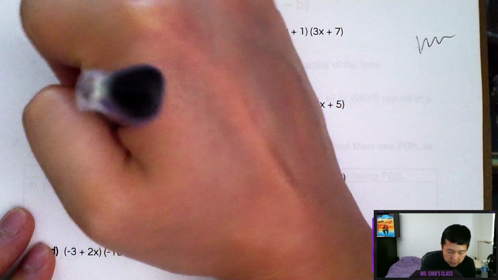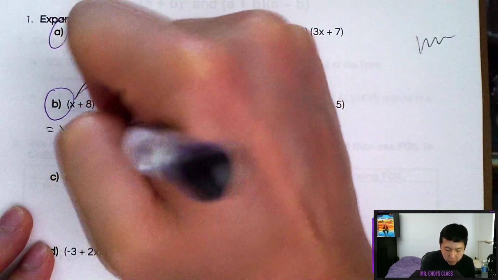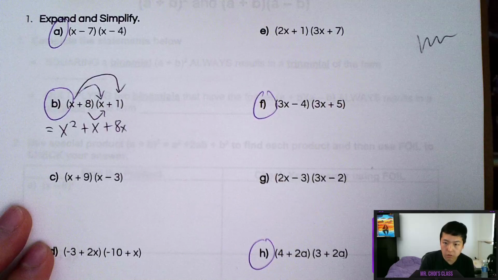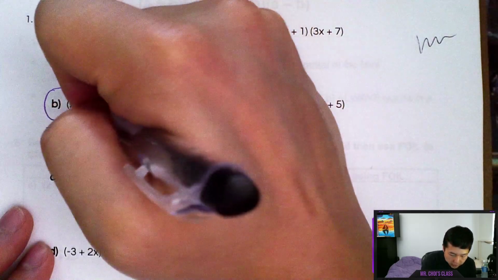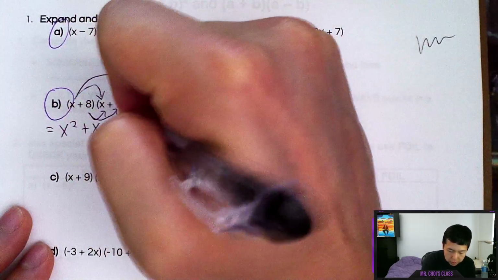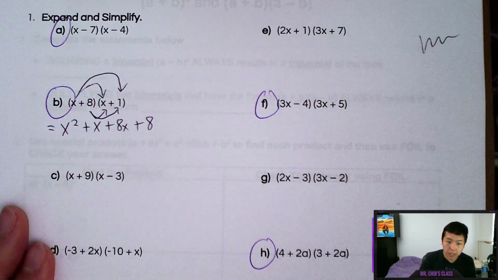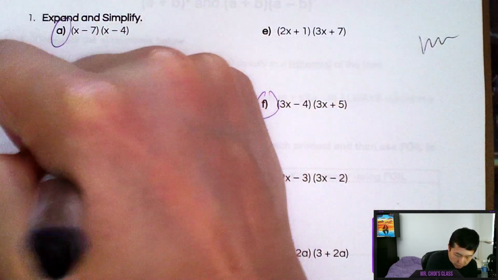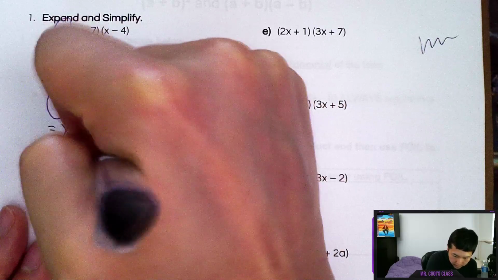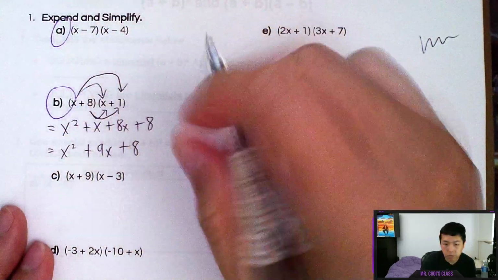Then we do 8 times x, which is plus 8x. And then we do 8 times 1, which is positive 8. Once we have multiplied it out, we can now combine our like terms. And once we combine our like terms, we get x squared plus 9x plus 8.